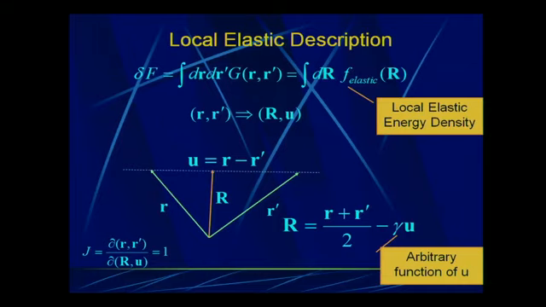We have an integrand, a 2-point integrand. And so in order to come up with the elastic energy density, which must be a single point function, we have to define how R must be related to 2 points. And there are many different ways to do that.